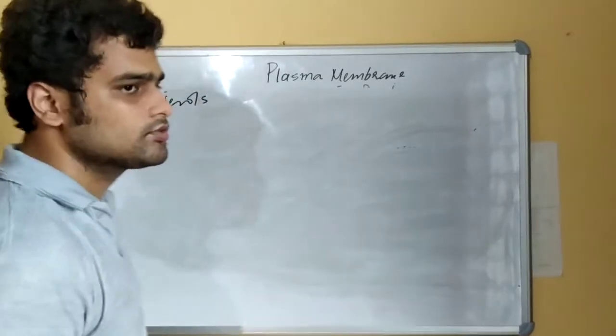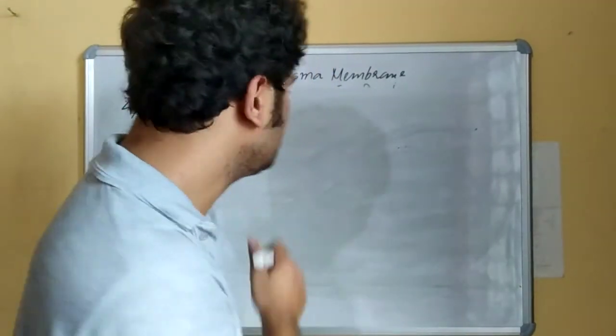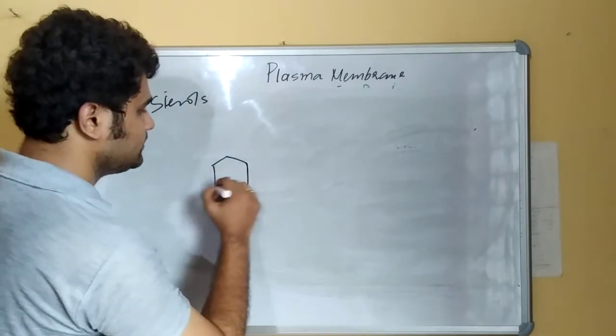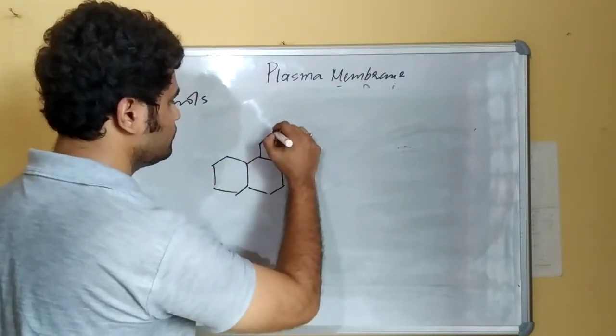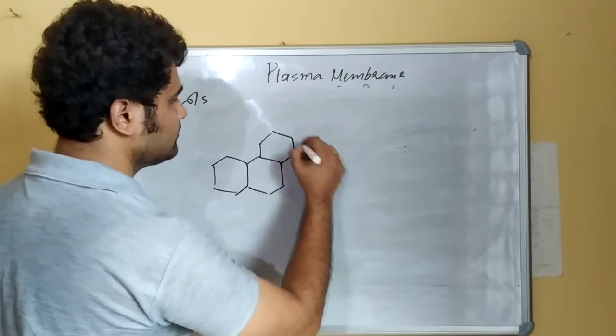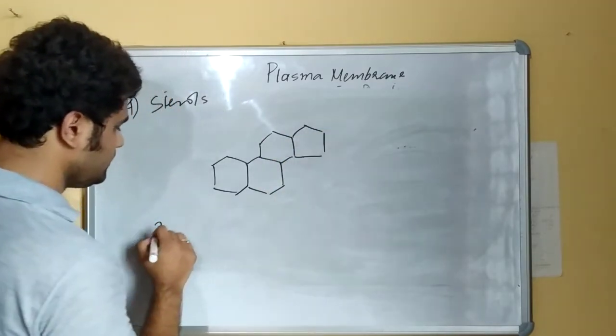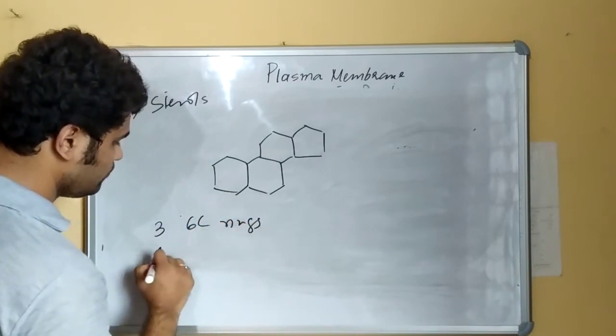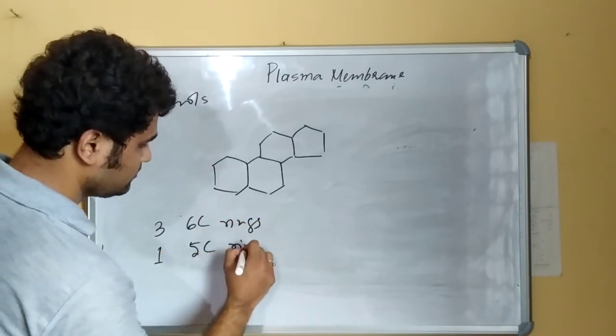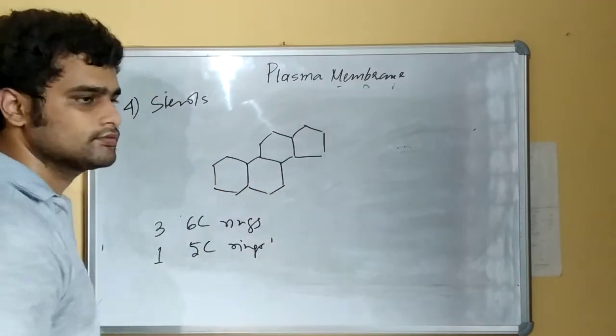Sterols, right? So sterols have a common formula which I have shown you previously, right? So there are essentially 4 fused rings this way. So 3 six-carbon rings, and 1 five-carbon ring.